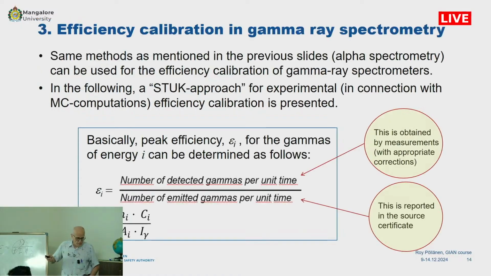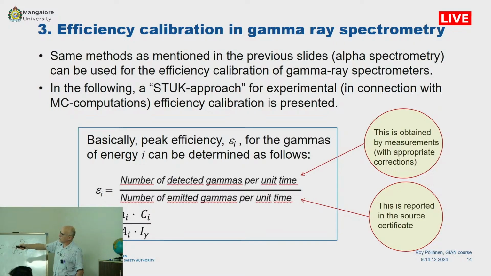Let's go to gamma ray spectrometry. So, same methods as mentioned in the previous slides can be used in this case. In the next slides, I will show you how we do the efficiency calibration. But basically, it's very simple. So you calculate the efficiency like this.